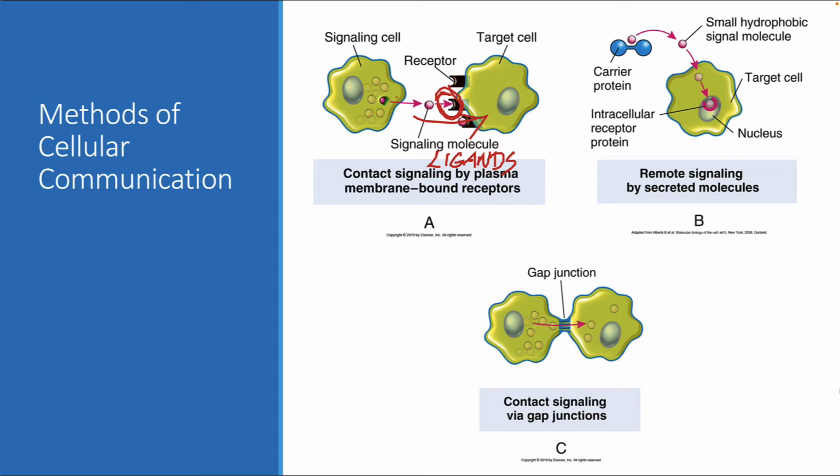Another way that we can do this is with some carrier protein taking the signal to the cell and having it cross the cell membrane and go directly into the cell and have its effect. And then, of course, we have the gap junction that we just talked about.